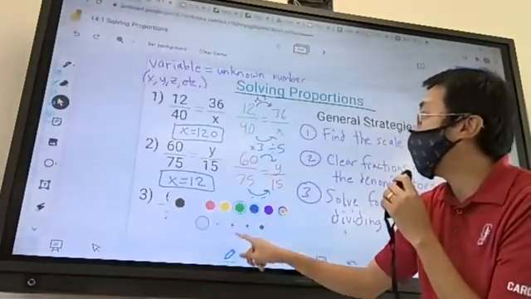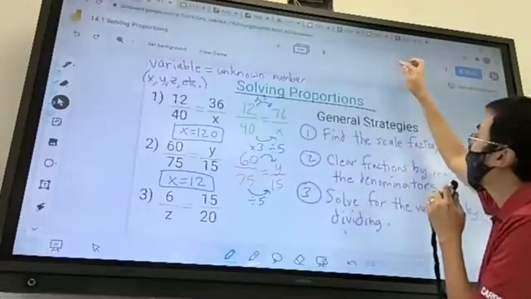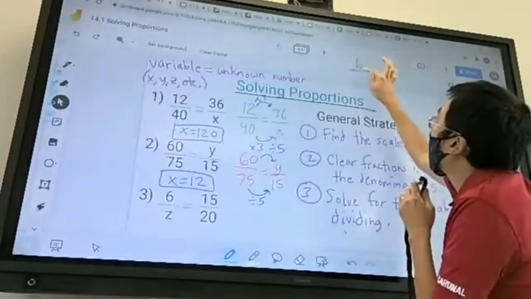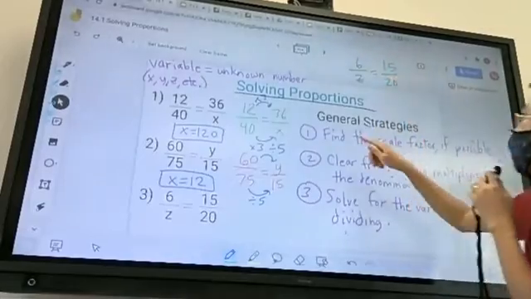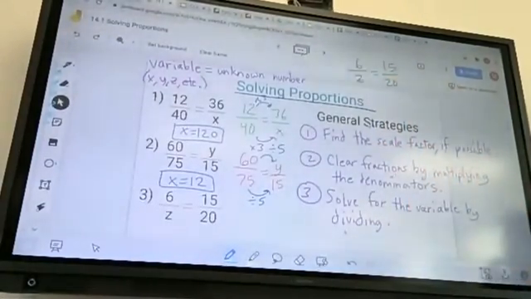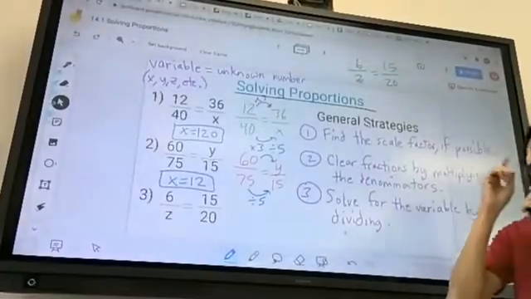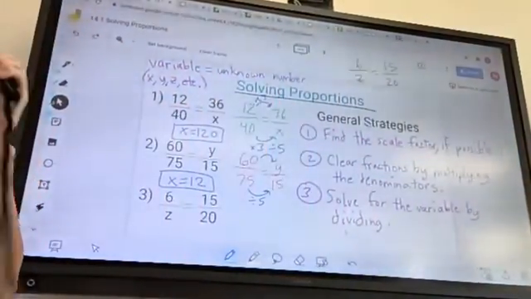I'm going to write the problem in the corner first. So we have 6 over z equals 15 over 20. So we couldn't find the scale factor. Now we need to clear the fractions by multiplying the denominators. What are our two denominators, class? 20 is one of them.